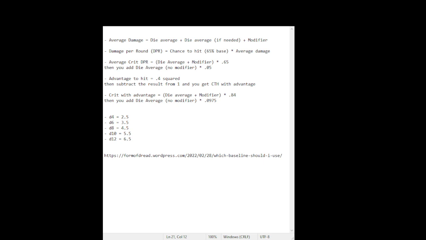So, now what you do is your average chance to hit, your advantage chance to hit, I apologize, your advantage to hit. This means that if you have advantage on the attack roll, this is the number you would use in place of your normal 0.65 hit bonus.